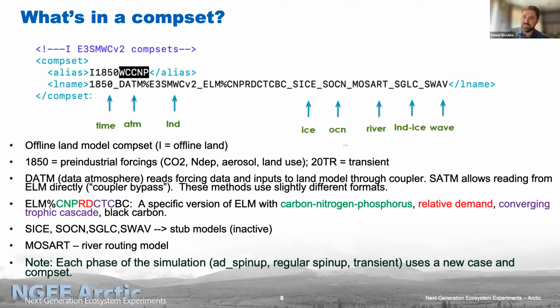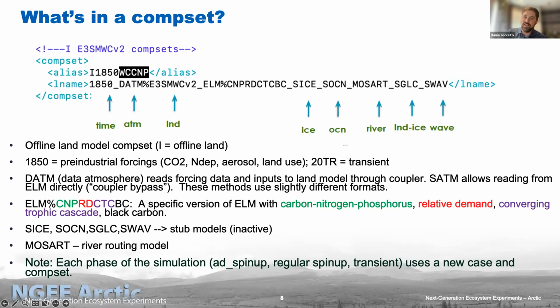If we're running an offline land configuration, you can use something called data atmosphere, DATM, where it reads the reanalysis or forcing data and passes that through the coupler, or we can use SATM, which is a stub model, and enable what we're using here, coupler bypass.